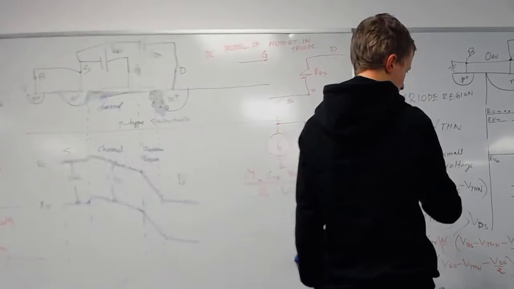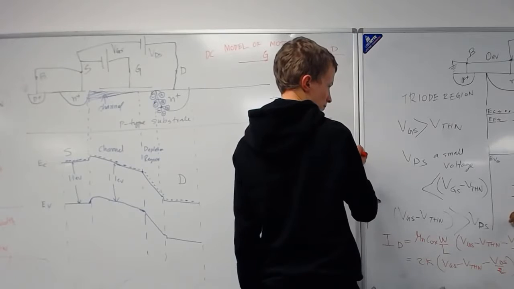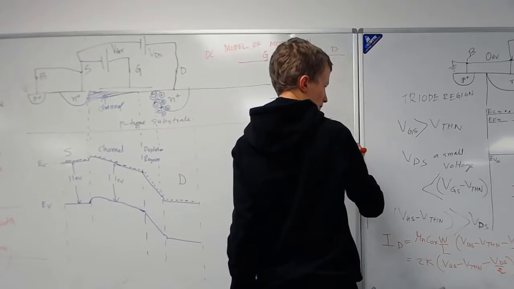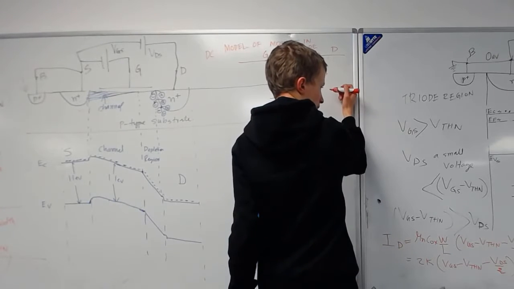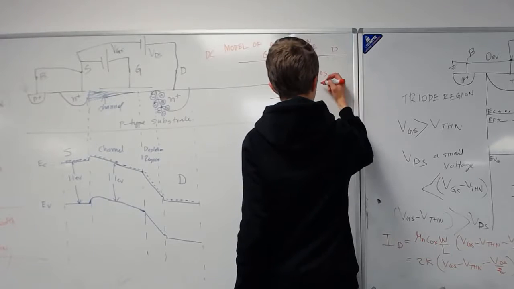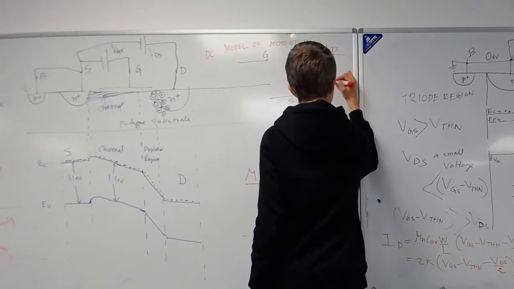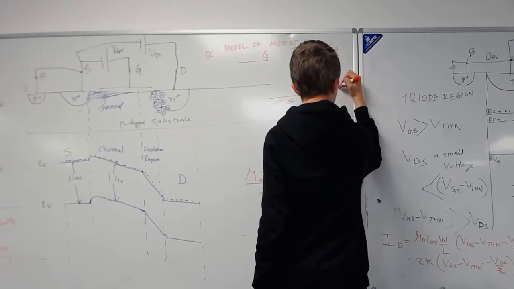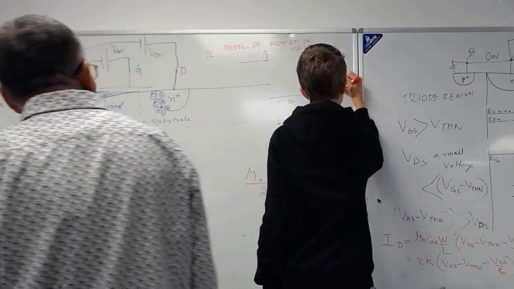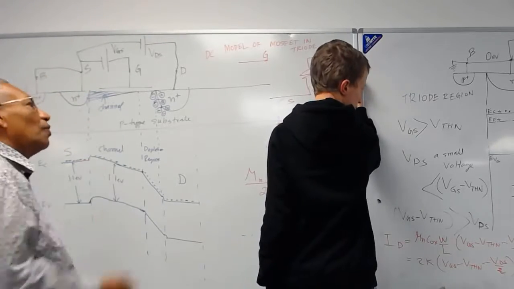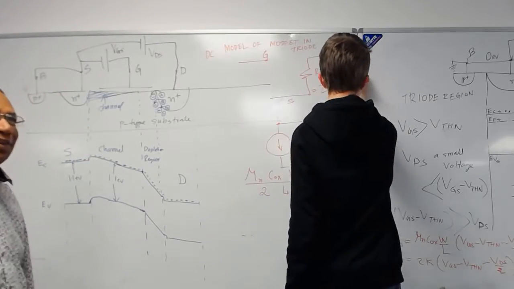VDS divided by ID will leave you this 1 upon this on the other side. Correct? VDS on the top, ID in the bottom. We'll take this on the other side, it will be 1 upon that. Okay, you write it down, then we'll put the 1 on top.